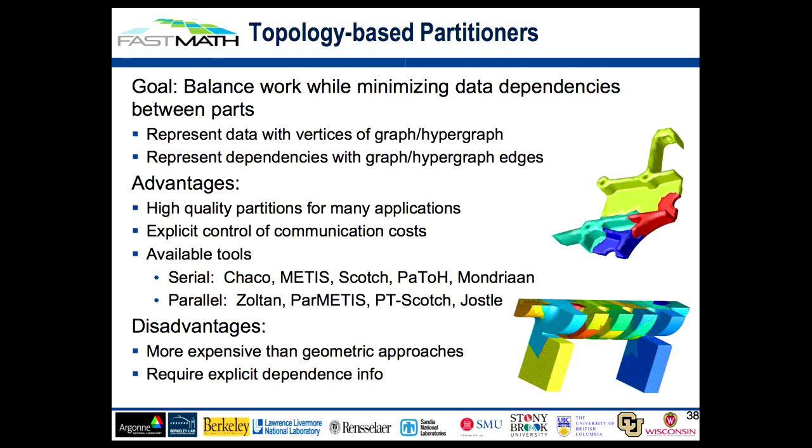The topologically based mesh generators try to balance the workload while minimizing data dependencies by looking at the dependencies in terms of graph edges and trying to cut the minimum number of edges when making partition boundaries. Right? So what you're going to partition becomes graph vertices, and then the dependencies are graph edges.